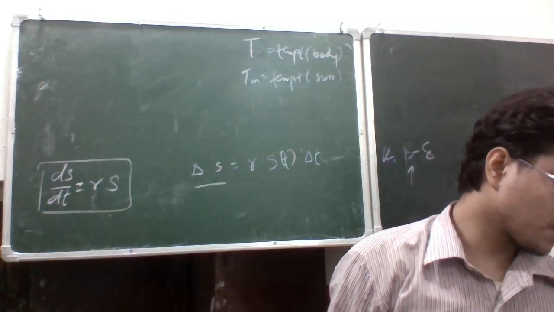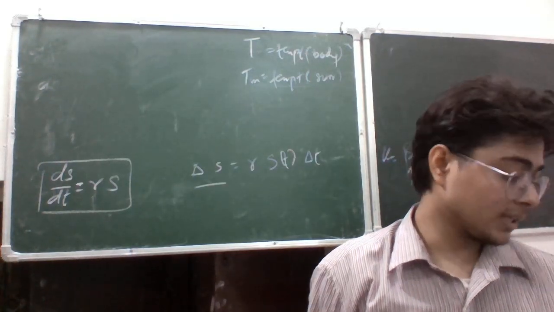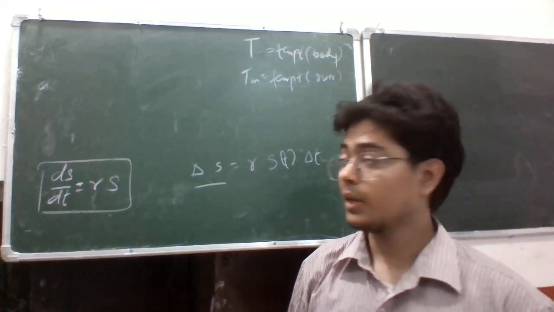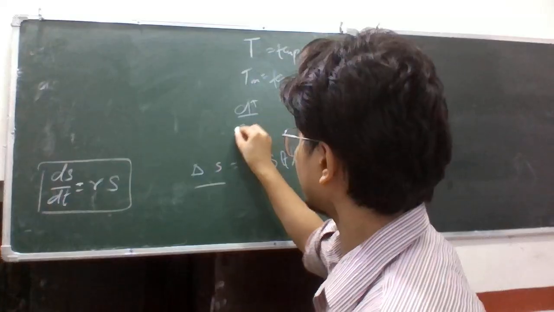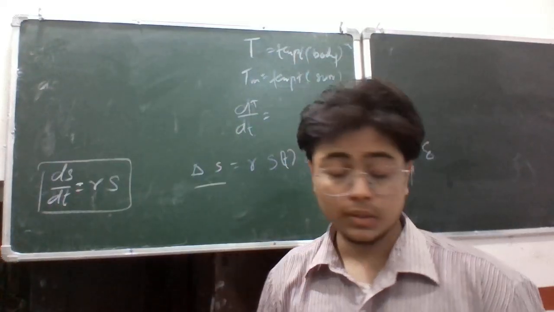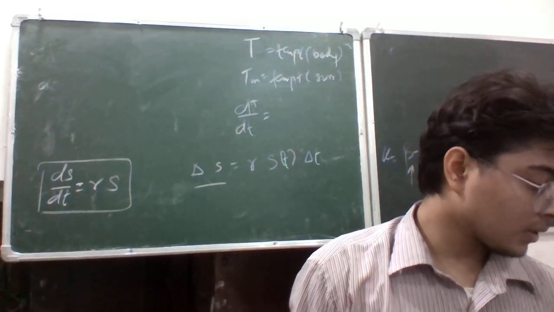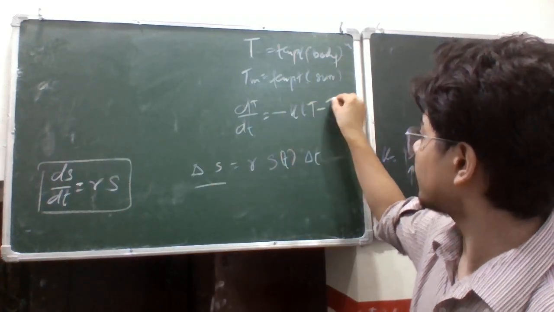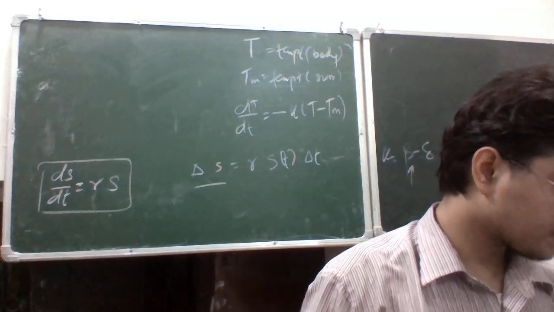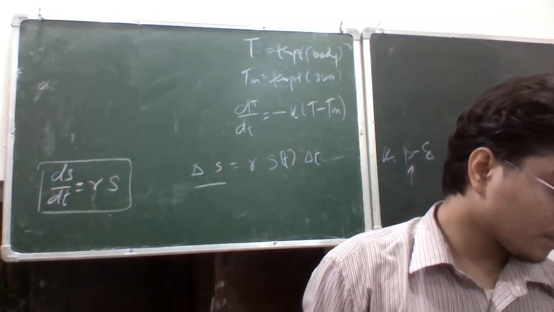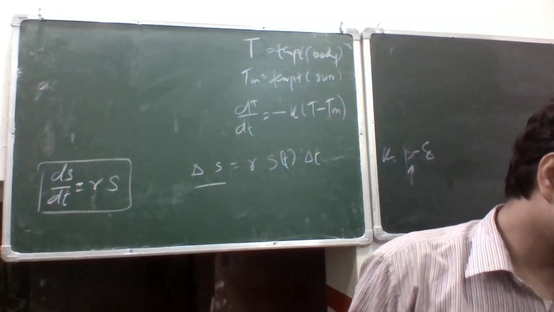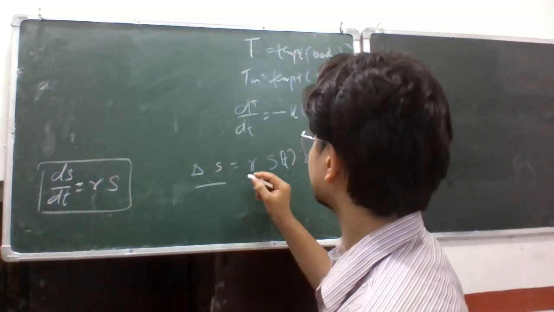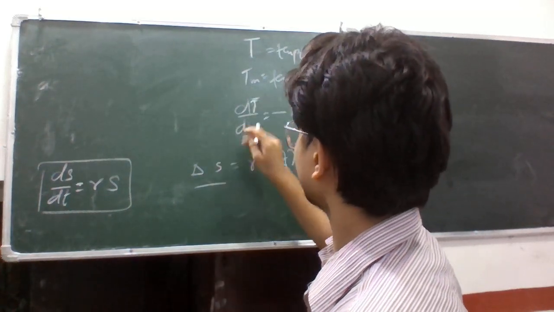If that's the case, at any time t, then the time rate of change of the temperature of the body, that means dT/dt, is given by minus k times (T minus Tm), and this is called Newton's law of cooling differential equation.